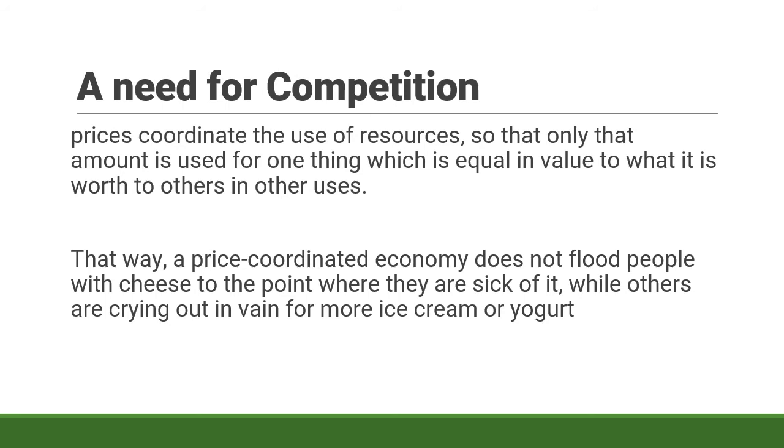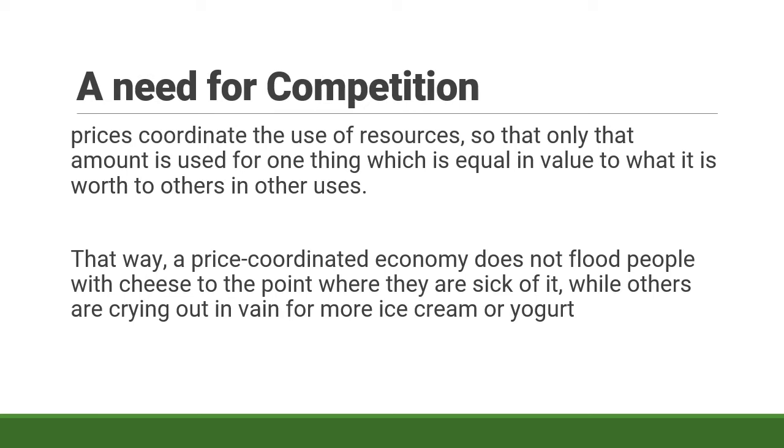So if we allow prices to coordinate the economy, you essentially allow it to self-rationalize, and in that process, through price coordination, you do not flood people with commodities that would otherwise remain unused, or at least the barest minimum. That's the assumption.